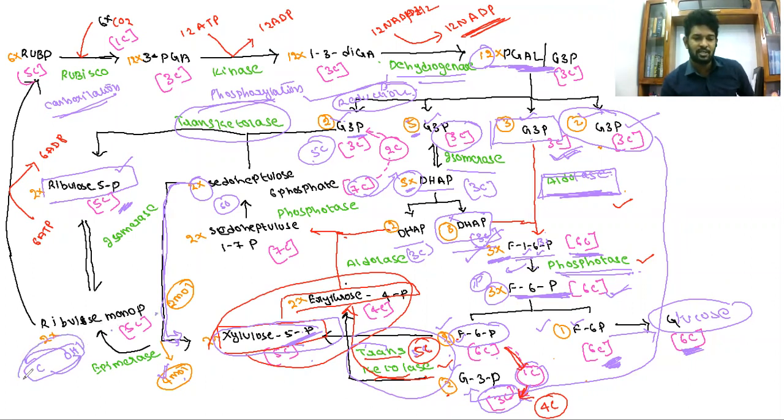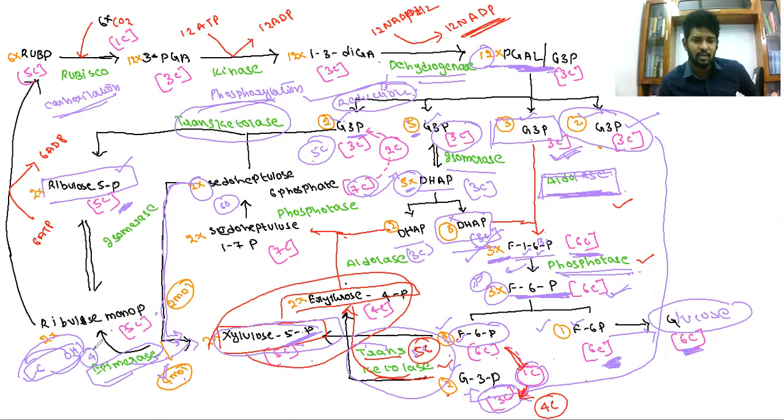If again these positions are changed, it converts back into xylulose 5-phosphate. Getting it? So if the carbon and hydroxyl group positions change, the compound also changes. So this is an epimerase process. So 4 molecules of xylulose 5-phosphate are epimerized into ribulose monophosphate.